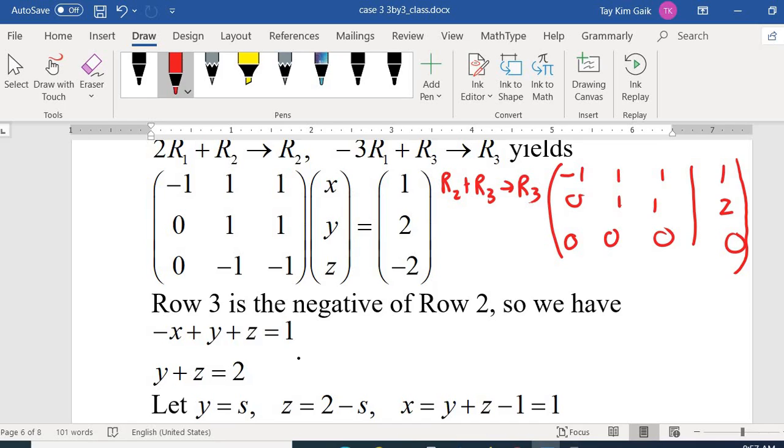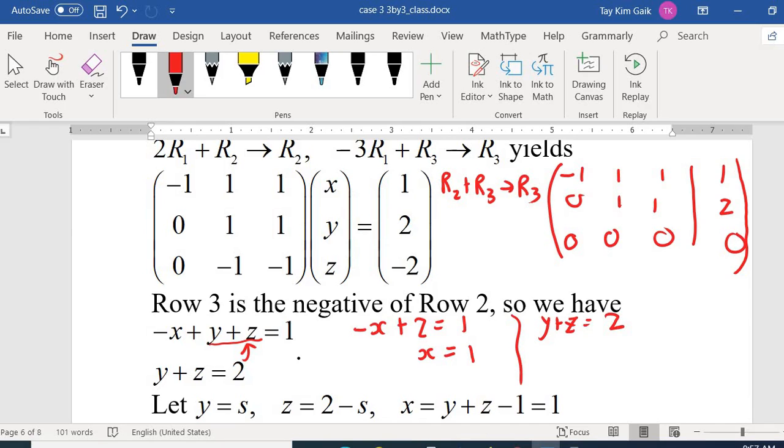So a little bit of change. So now plug y plus z equal to 2 in here. So you have negative x plus 2 equal to 1, which means that x equal to 1.